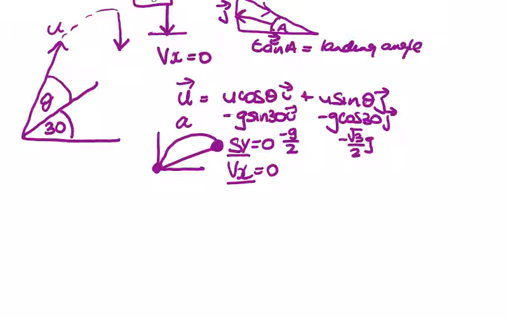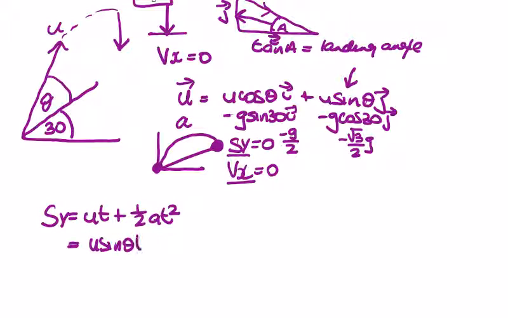And we'll start with s of y. S of y is equal to ut plus a half at squared. So u of y, or j, is u sine theta times t, minus 1 over 2, the half, the a is minus root 3 over 2 g.